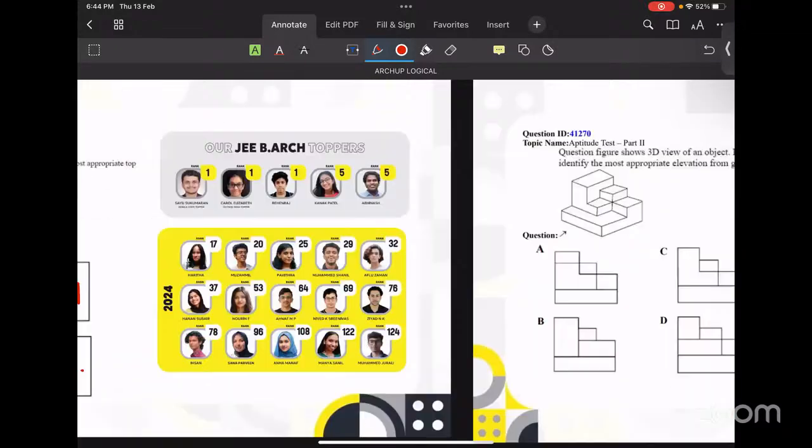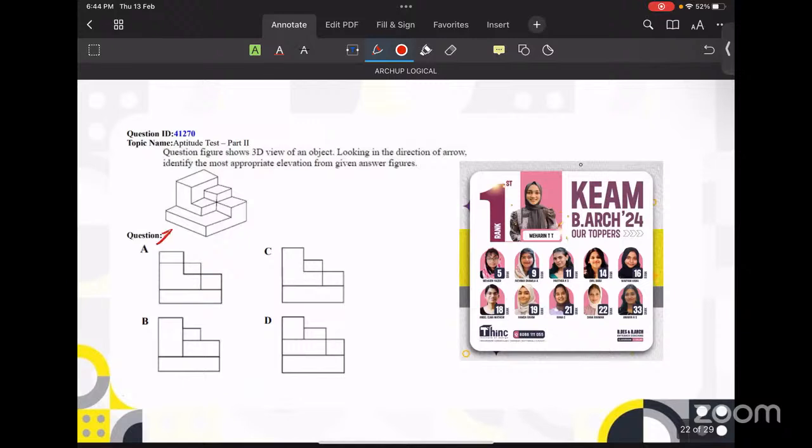Done. Next one, view from the direction of arrow. Go for counting. 1, 2, 3, 4. We want 4 in the answer. 1, 2, 3, 4, 5, wrong. 1, 2, 3, 4, maybe. 1, 2, 3, 4, maybe. 1, 2, 3, 4, 5, definitely not. See, 50-50 chances right now.